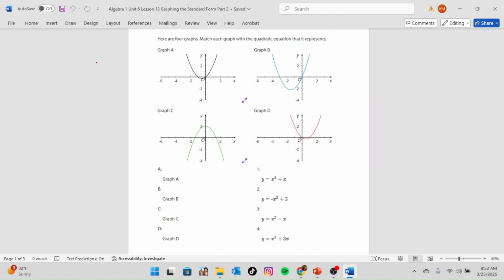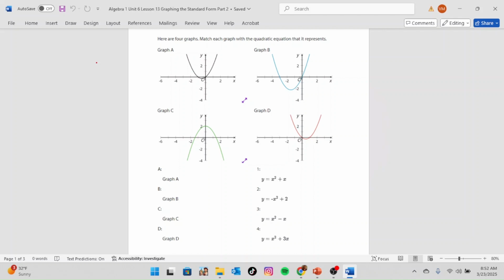The first thing I would want you to notice is that graph A opens upward, graph B opens upward, graph D opens upward, graph C is the only one that opens downward.